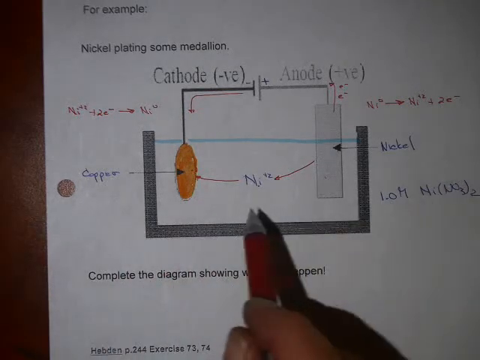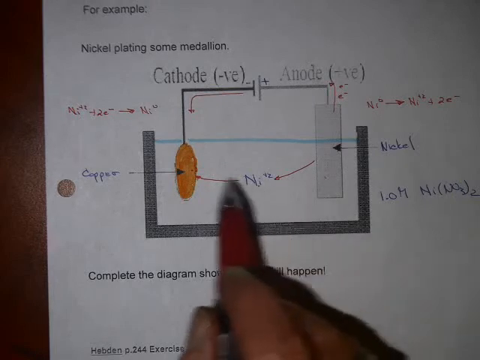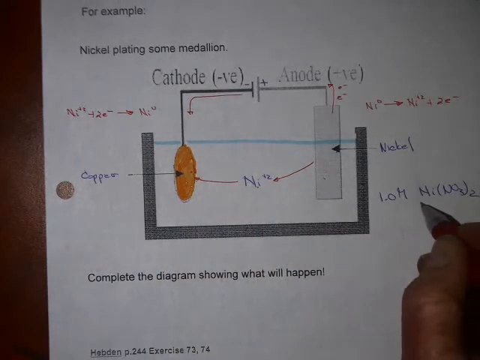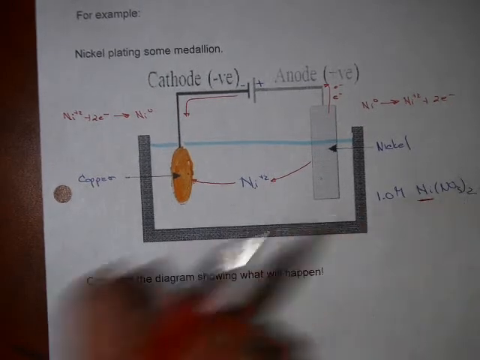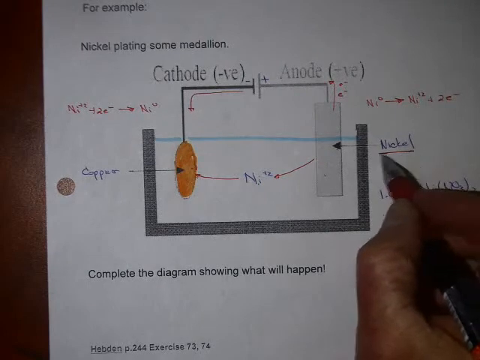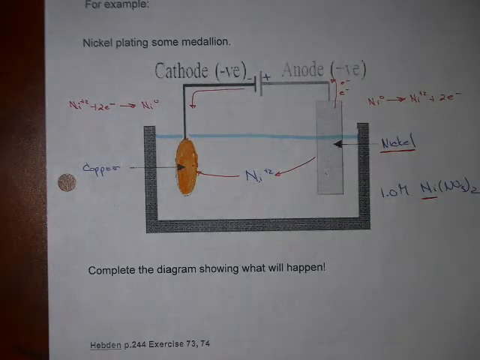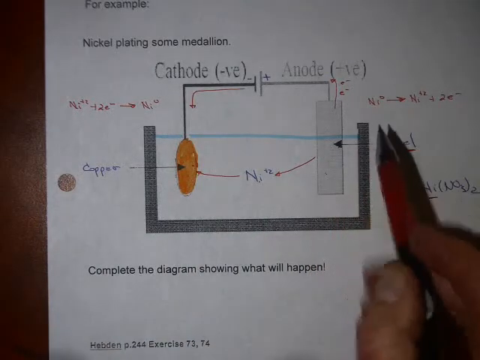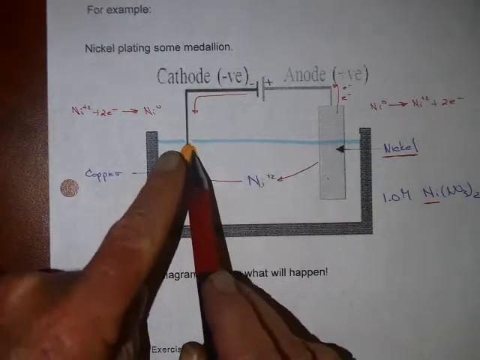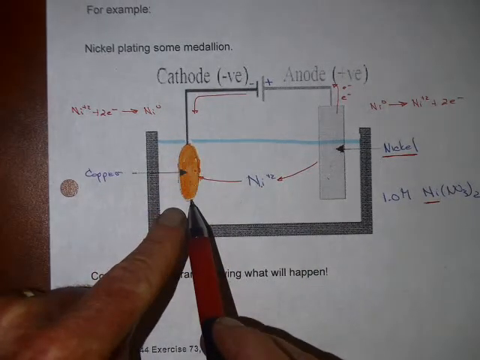So whatever metal you want to plate on, you have to have a solution containing that ion, and you have to have the base metal itself, and then you can plate, and this will just continue to get smaller and smaller and smaller as the more you plate, and it will grow onto this medallion here.